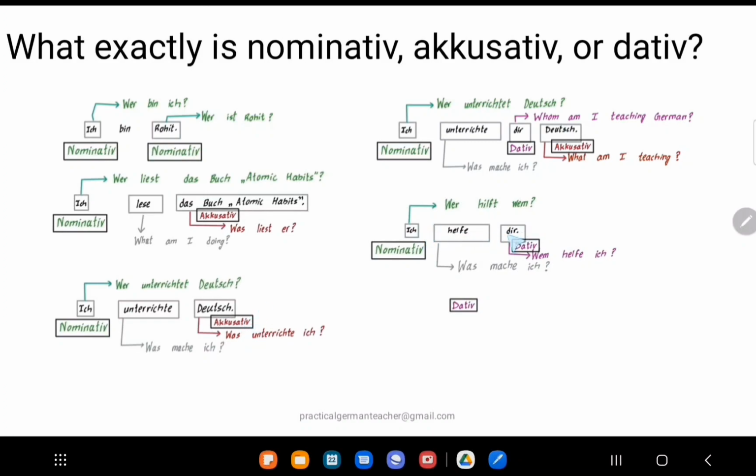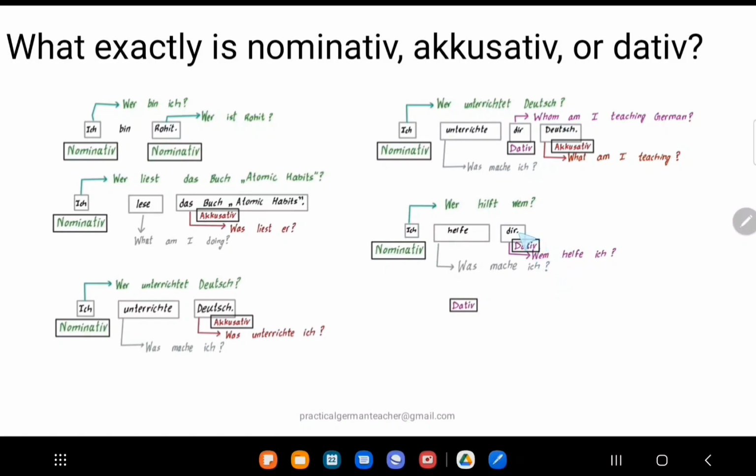Ich helfe dir, right? So wer hilft wem? Who is helping whom? The who is ich, that is nominative. Whom, that is dir, so you in singular, direct and informal scenario. I say ich helfe, but then you will ask, okay, wem helfe ich?